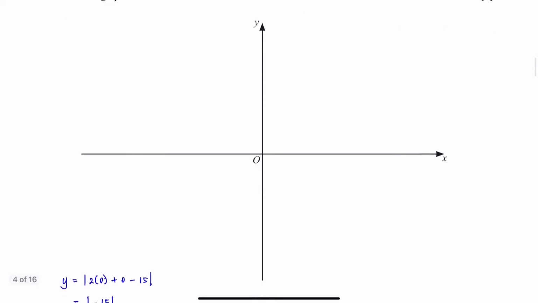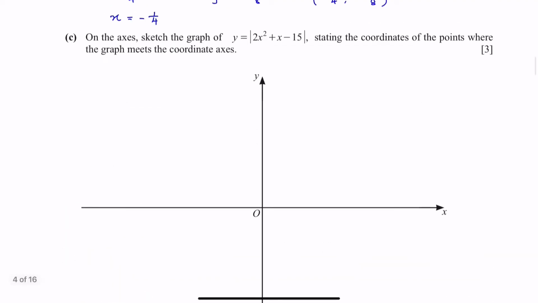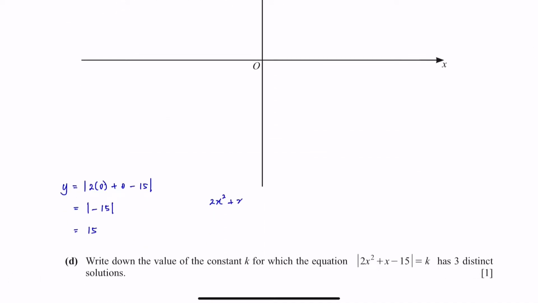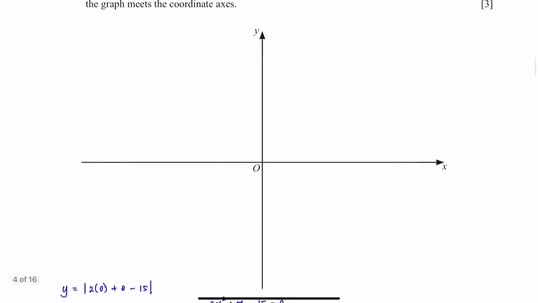So for x-intercept, we equate the expression to 0. So y equals 0, and factorize this, we get 2x minus 5 and x plus 3 equals to 0. So we have x equals to 5 over 2 and x equals to negative 3. So these are the x-intercepts.